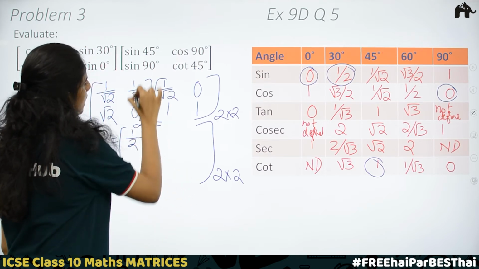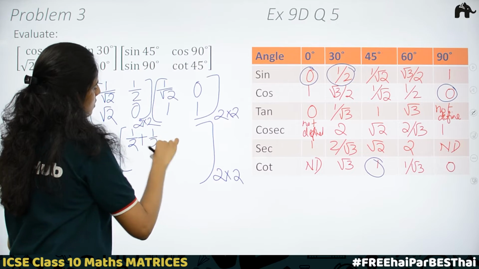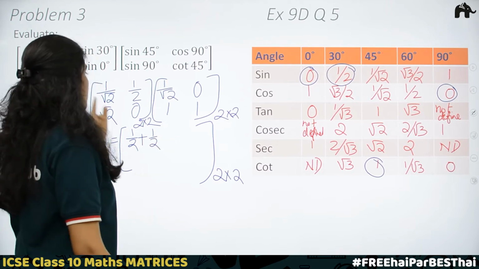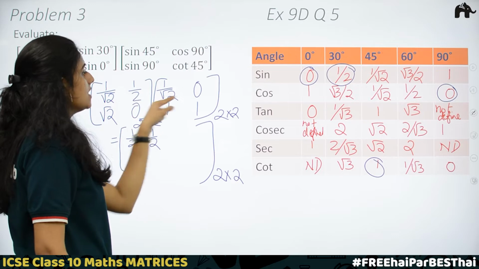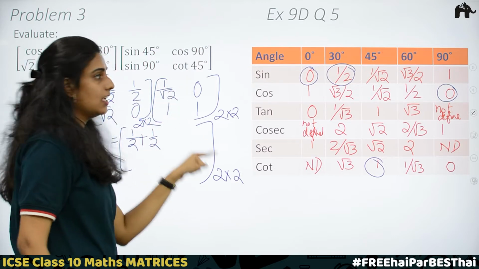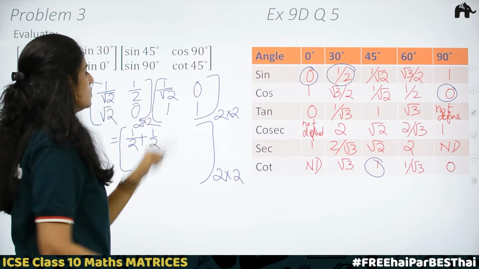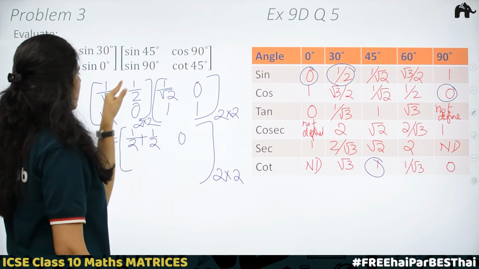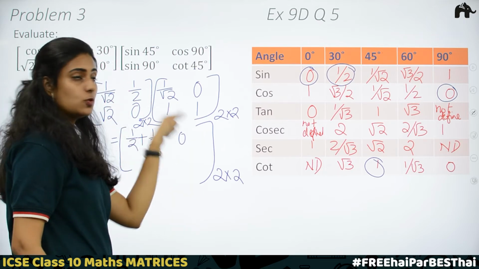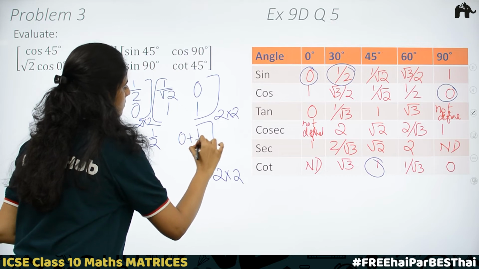Plus 1 by 2 into 1, that is 1 by 2. To get the second element, considering first row of the first matrix and the second column of the second matrix. 1 by root 2 into 0 is 0. Then 1 by 2 into 1. 1 by 2 into 1 is 1 by 2.